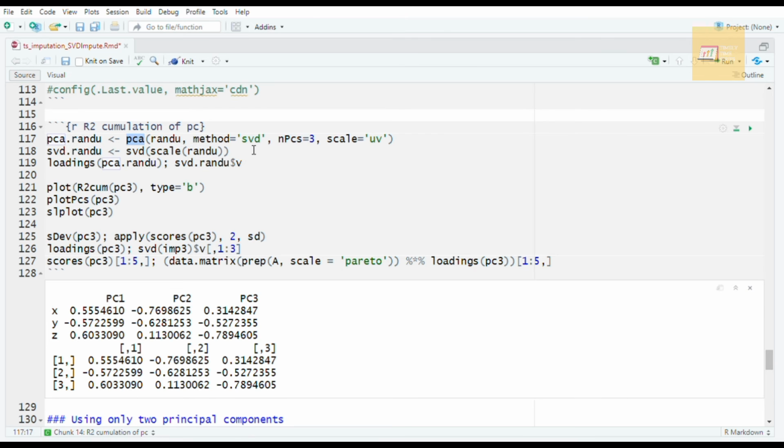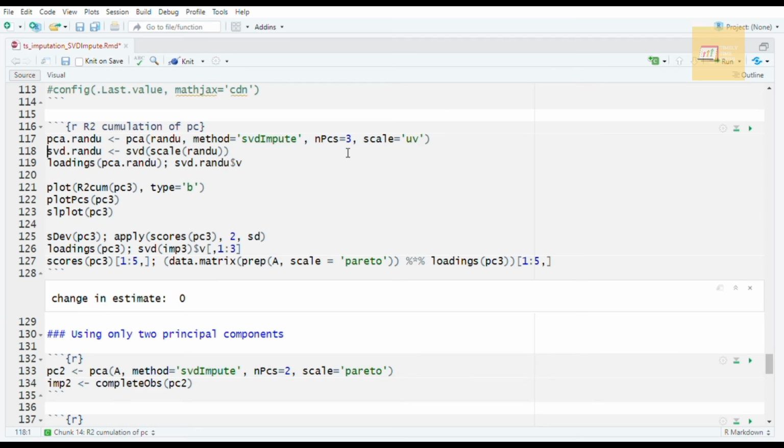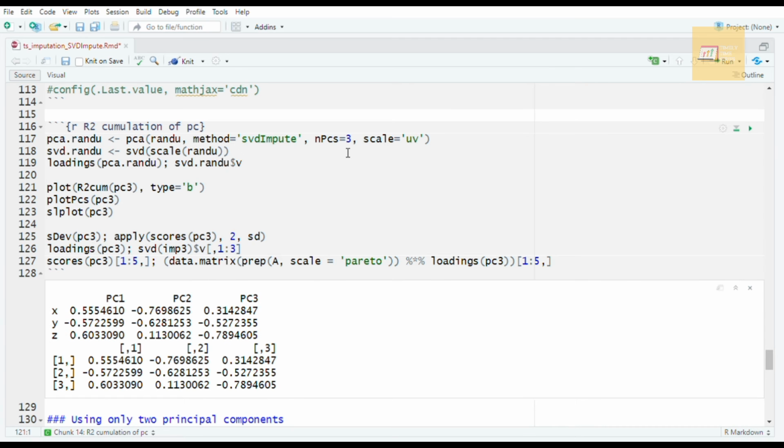I run the PCA function using the SVD method, and then I also run the SVD function for the centered and scaled dataset, rand_u, and then compare the loadings and the matrix V. They are indeed the same. So if we change the method into SVDImpute, let's see. Yep, we still have exactly the same.